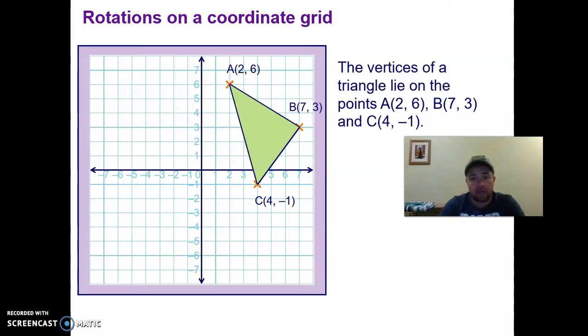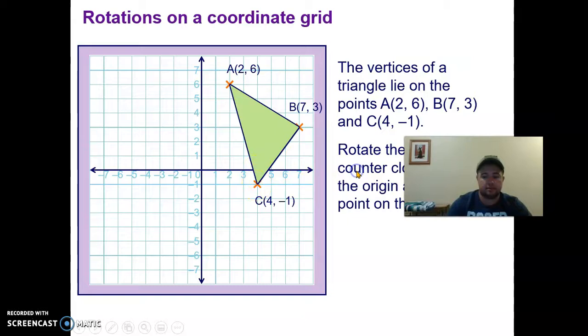We're going to look at rotating shapes on a grid. So the vertices of triangle ABC lie on the points 2, 6. Notice we go x, then y: 2, 6; 7, 3, over 7, that's my x-axis, up 3, that's my y-axis; and 4, negative 1, over 4, that's my x-axis, and down 1, that's my y-axis.